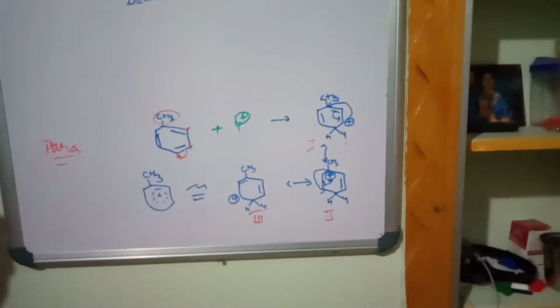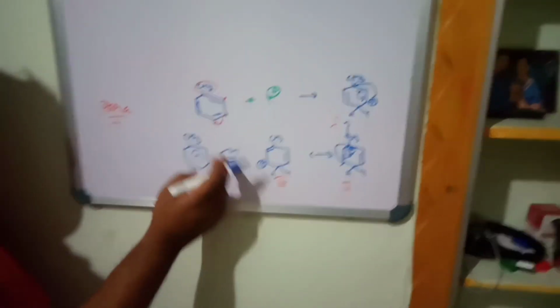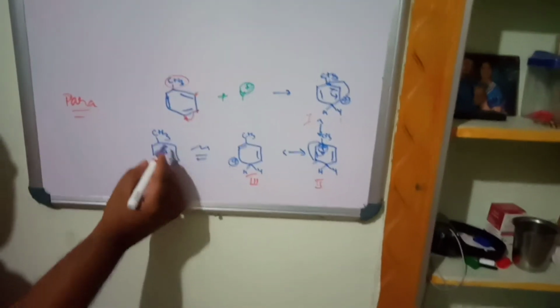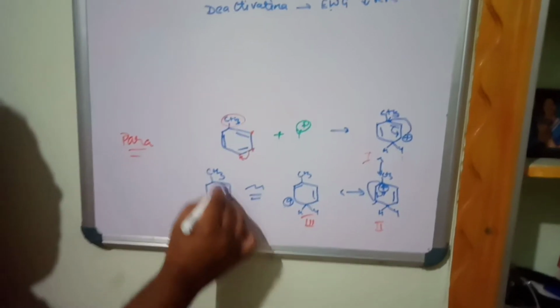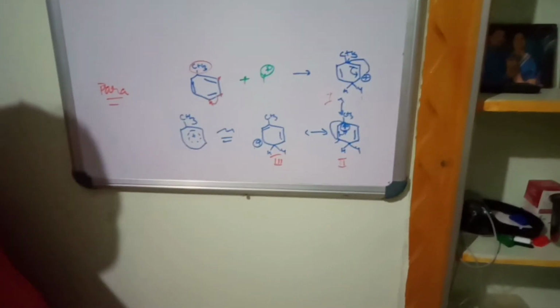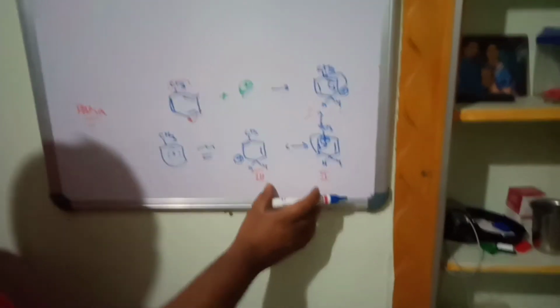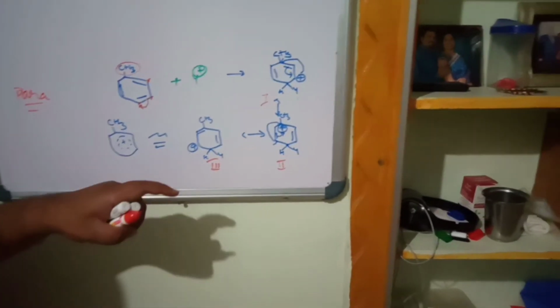You get another resonance hybrid. This is the technique of writing the resonance structure. So equivalent structures will form throughout the ring. Dispersal of positive charge will take place. Delocalization of pi electrons will take place. Now you compare the resonance hybrid structures of the para position and ortho position.